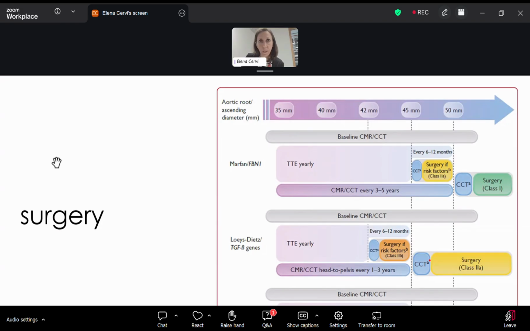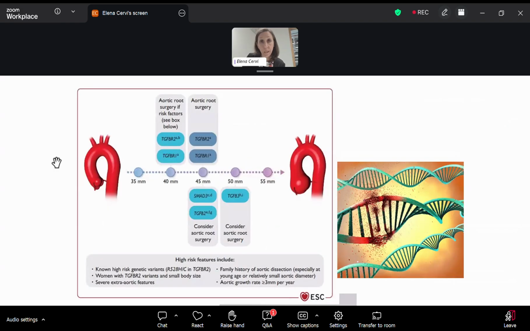What's more, you can see here Marfan, Loeys-Dietz, and non-syndromic. For Loeys-Dietz, you even go down to the specific genetic mutation, and it is felt, as said before, that TGF-beta receptor 1 and receptor 2, especially in the presence of particular risk factors, warrant surgery at a threshold of 40 millimeters, which is radically different from a bicuspid aortic valve that would be operated on at 55.